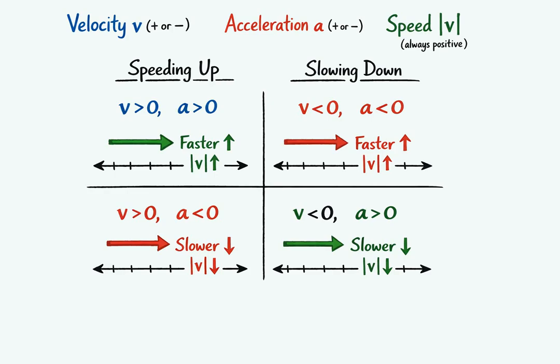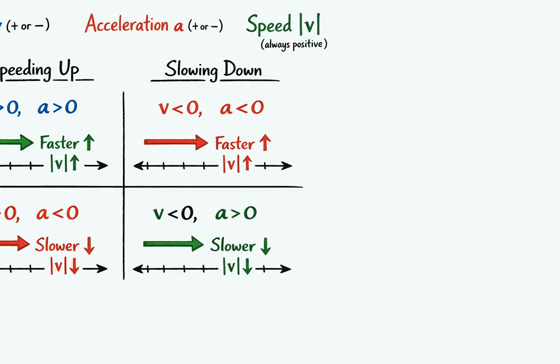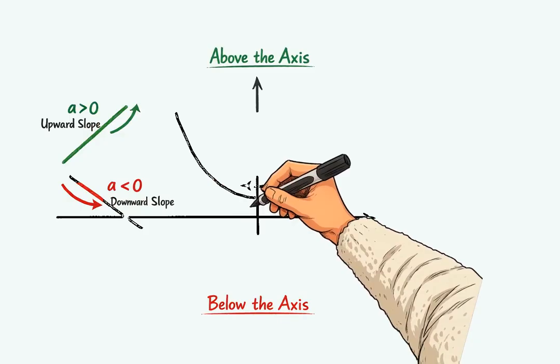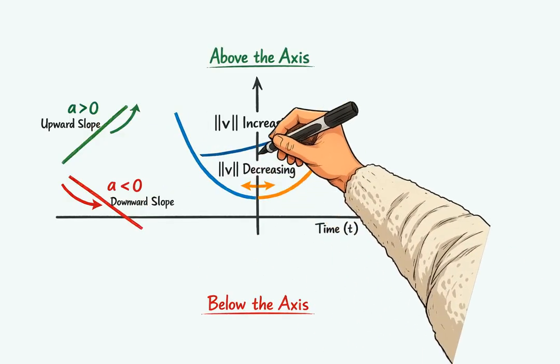If v is less than 0 and a is less than 0, velocity becomes more negative and the absolute value of v increases while moving left. If v is less than 0 and a is greater than 0, velocity becomes less negative and the absolute value of v decreases. Velocity time graphs turn this into geometry. Above the axis, v is greater than 0.